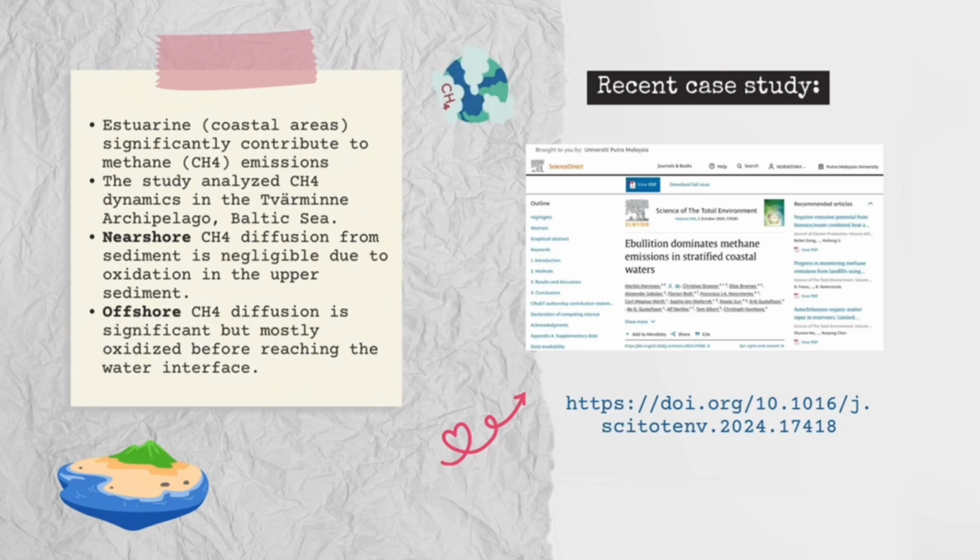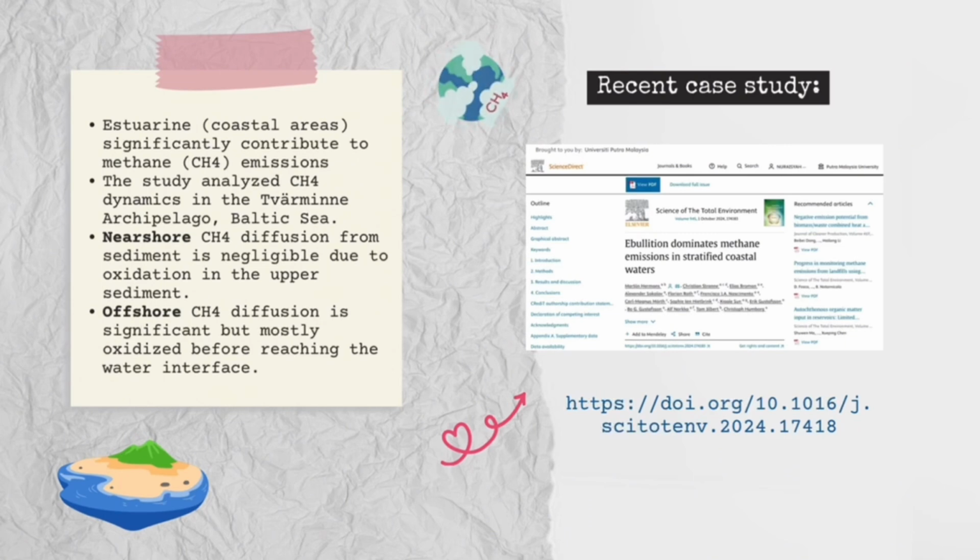The study found that at the nearshore coastal station, methane diffusion from the sediment into the water column was negligible due to the effective oxidation within the upper sediment layer. In contrast, the offshore station exhibited significant benthic methane diffusion, but most methane was oxidized before reaching the bottom water, and the thermocline acted as a barrier preventing methane from reaching surface waters.